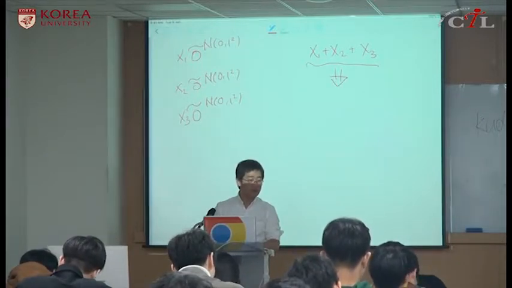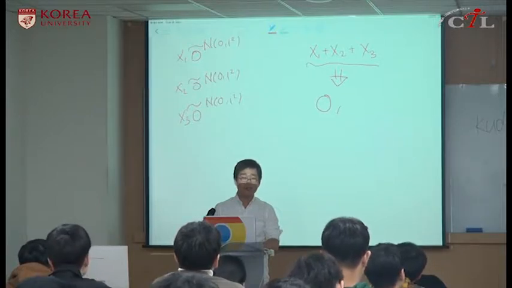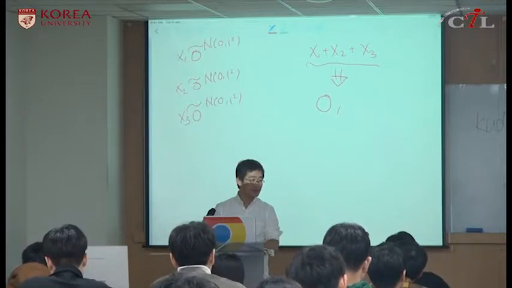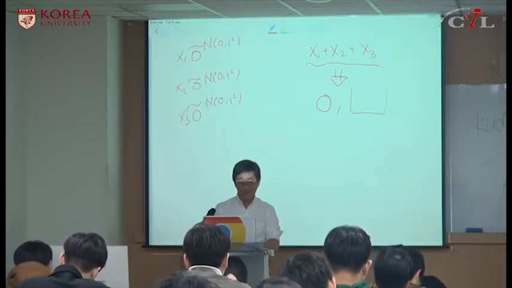What will be the mean value of these 3 numbers? You will have 0, right? Because we just added 3 numbers that have 0 mean, okay? And then what about the variance?